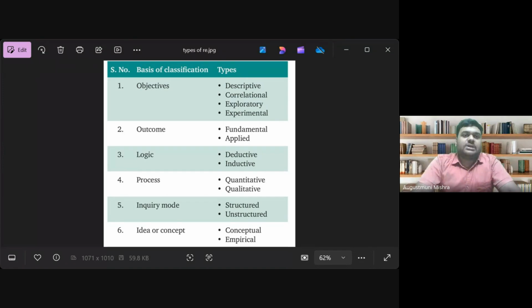Okay. So on the basis of outcome we discussed. Now on the basis of logic we are going to discuss how research is classified on the basis of inductive and deductive. Because yesterday also we talked about the deductive and inductive approach.